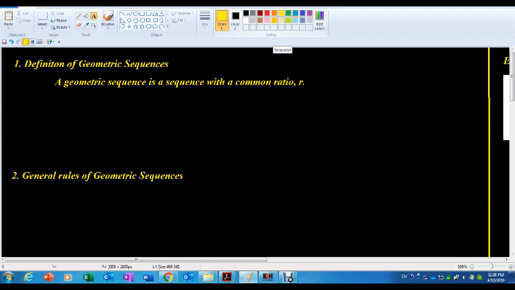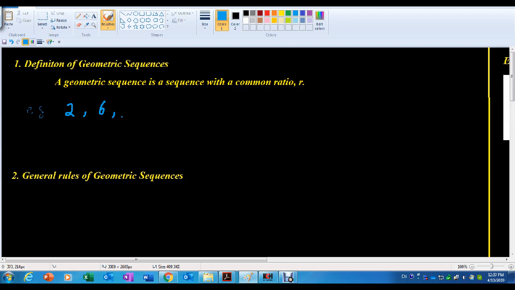What are the geometric sequences? For example, if my first term is 2 and my second term is 6, you know that from 2 to 6 you need to multiply by 3, right?